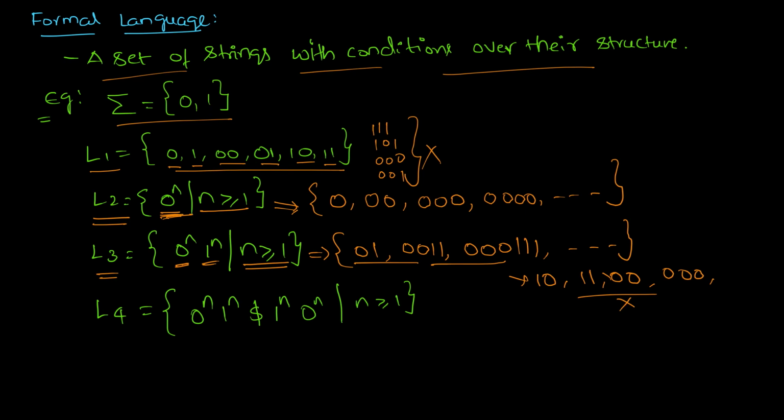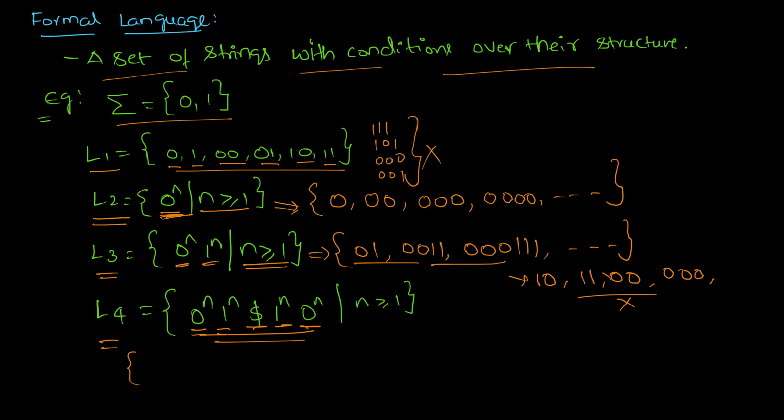Let's consider another example, L4. In this L4, each string should be of this form, in which 0 power n followed by 1 power n followed by a dollar, followed by 1 power n and followed by 0 power n. So each string should be of this form.